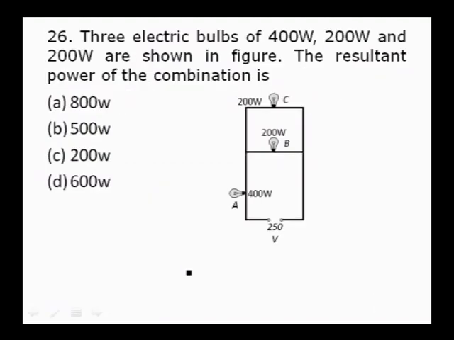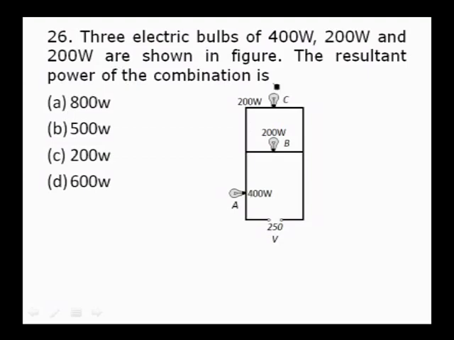Question number 26. 3 electrical bulbs of 400 watt, 200 watt and 200 watt are shown in the figure. The resultant power of the combination is, okay. See, C and B are in parallel and A is in series with this parallel combination. First we know the options. Option A 800 watt, option B 500 watt, option C 200 watt, option D 600 watt.